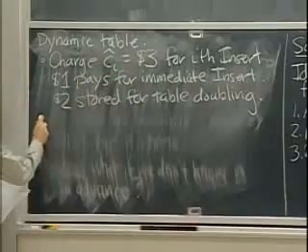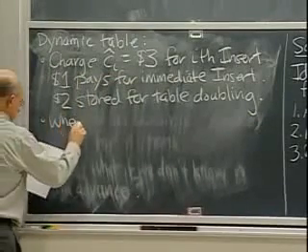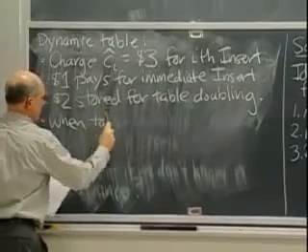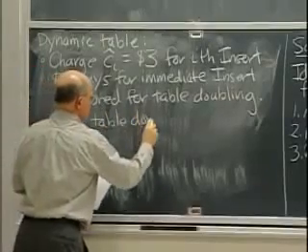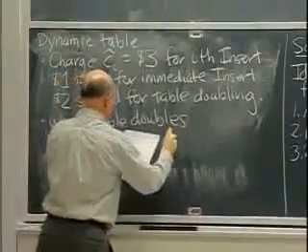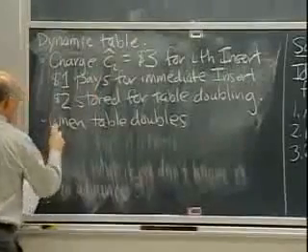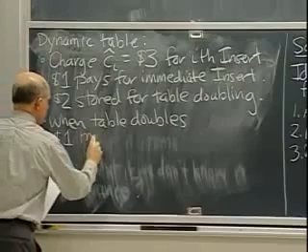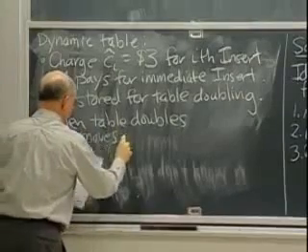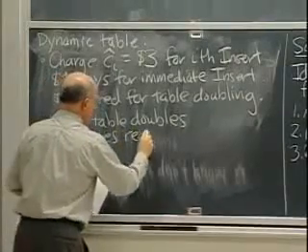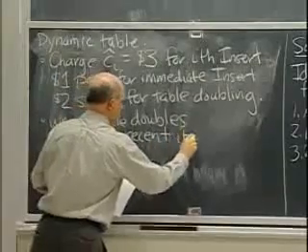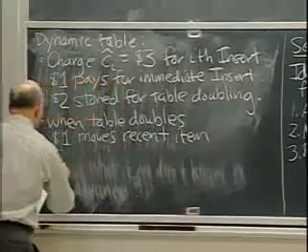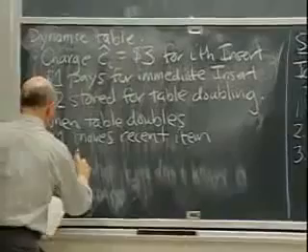Okay. When the table doubles, we'll use, of the stored dollars, $1 to move a recent item, I'll call it, and $1 will move an old item.